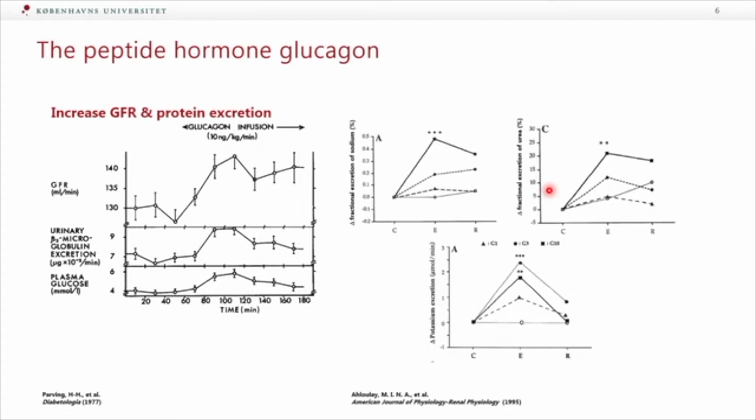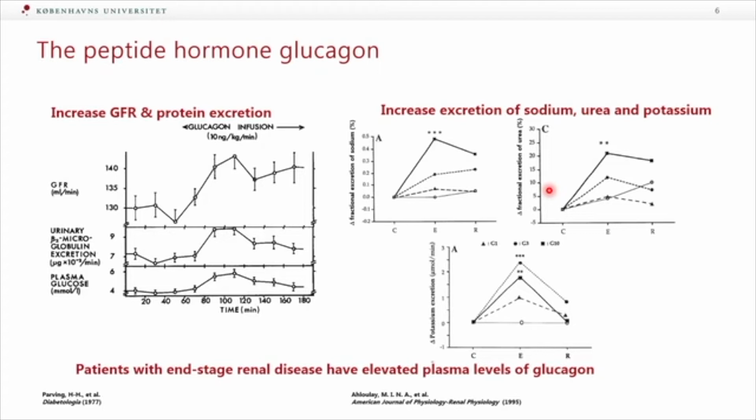And also in animals, it was shown that when giving a glucagon infusion, it created misbalance in electrolyte excretion. And patients with end-stage renal disease have elevated plasma levels of glucagon, all suggesting a role of glucagon on renal function.